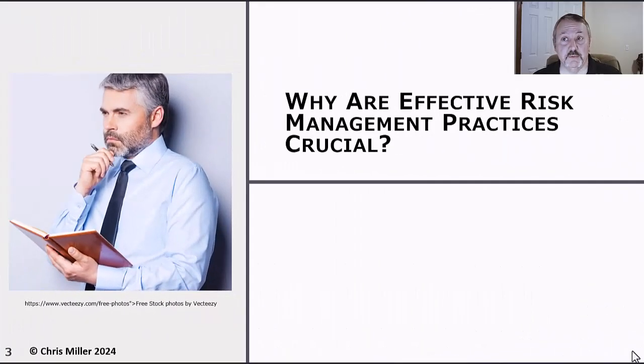In the context of an application security program, ineffective risk management can manifest in many negative outcomes.